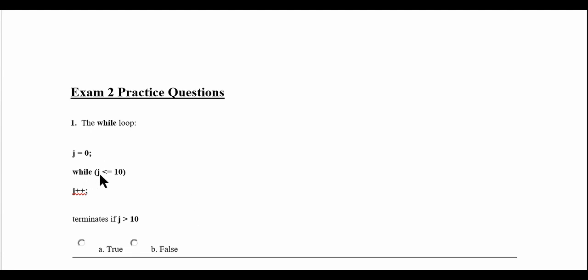It says while j is less than or equal to 10, so the loop will continue while that's true. So if j is greater than 10, would it terminate? The answer is true. It would terminate because this would no longer be true.